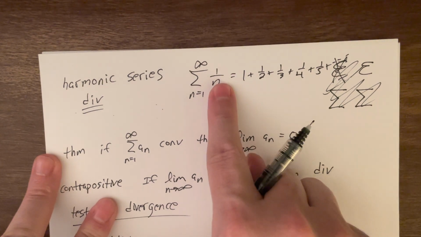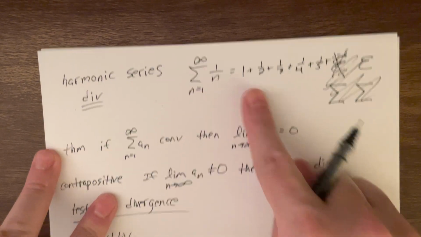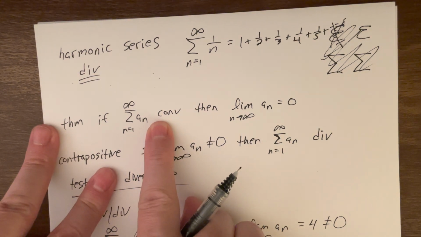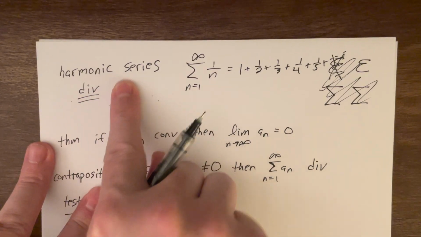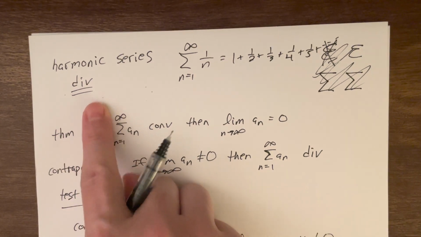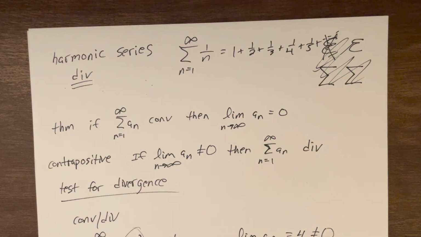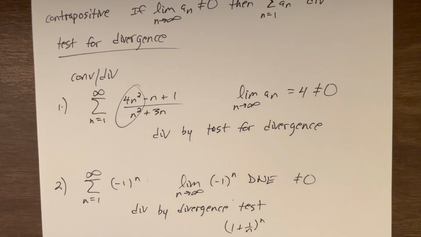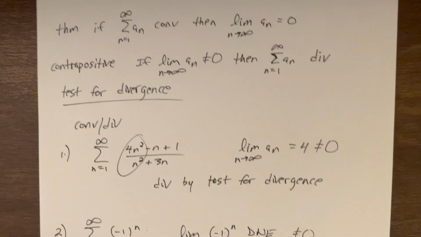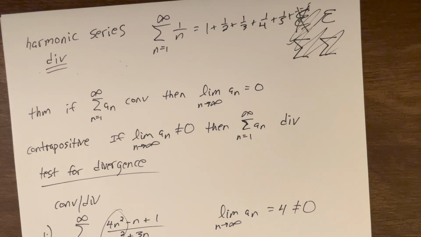You say, oh, the limit of this equals 0, but that does not allow you to go backwards and say the series converges. And in actuality, this is the harmonic series and it diverges. So later on, we'll have more tools so that if the limit does equal 0, you'll have a better sense of what else to try. The divergence test didn't help, but what else might help? What else can we do?